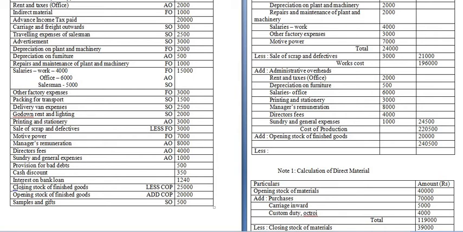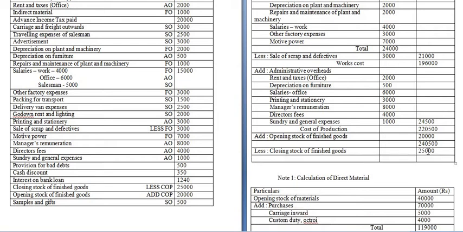Okay. Now from this total, you will have to deduct less closing stock of finished goods. Okay. Understanding? Closing stock of finished goods is how much? Amount is 25,000. Okay. Now what is this called as?